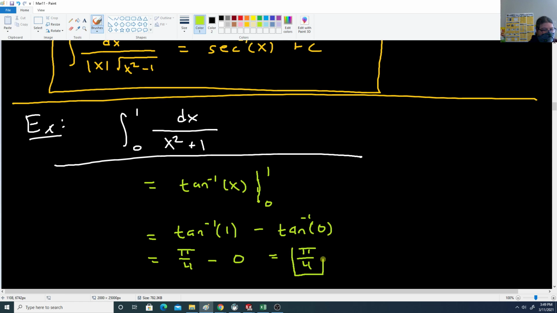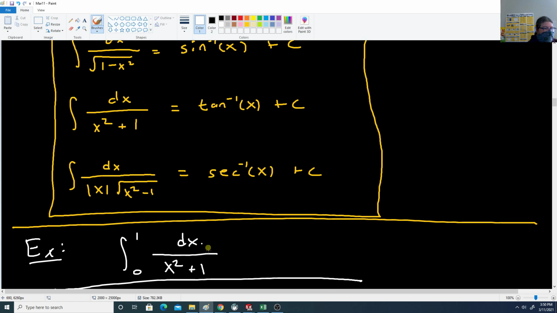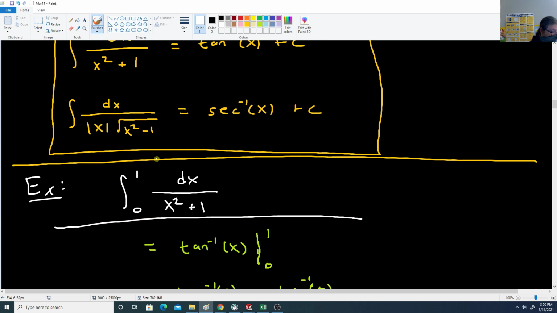So that is our first example done there. And again, this one was exactly lined up with the second equation, so we were able to do that.